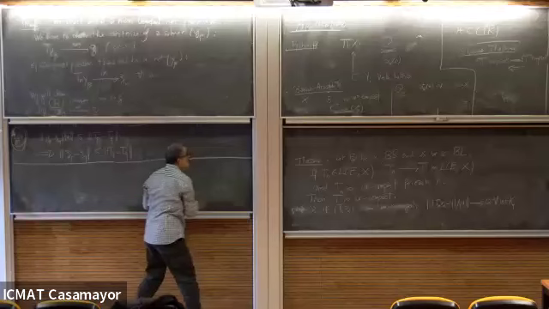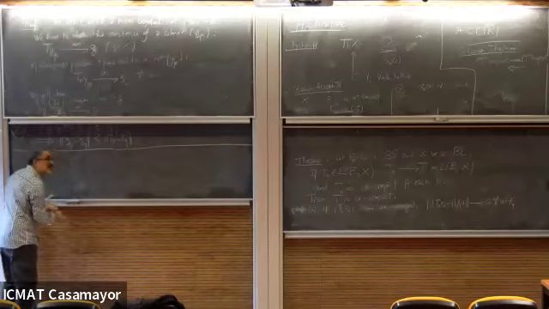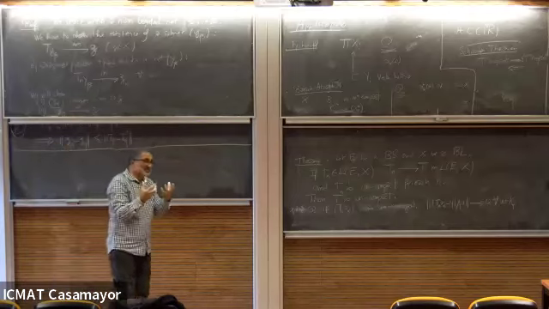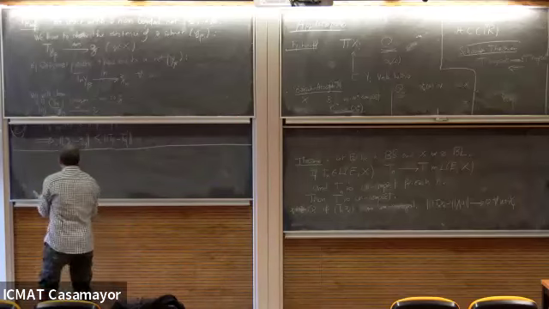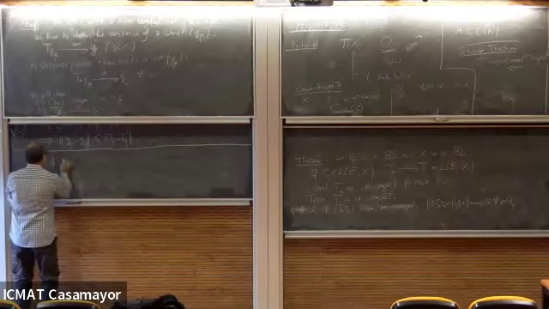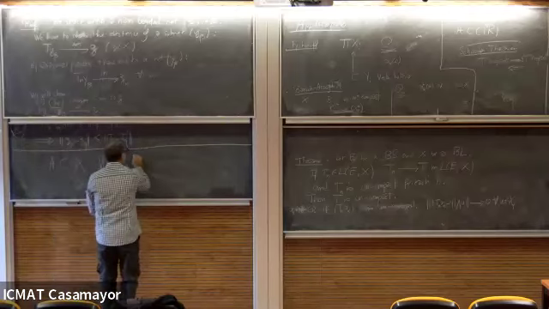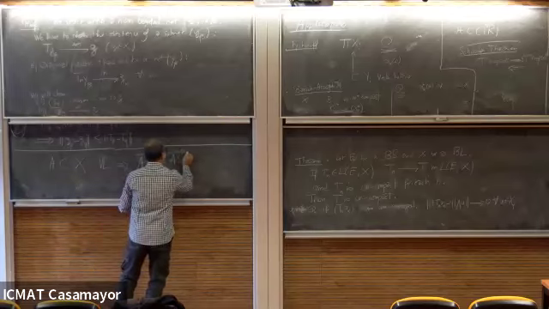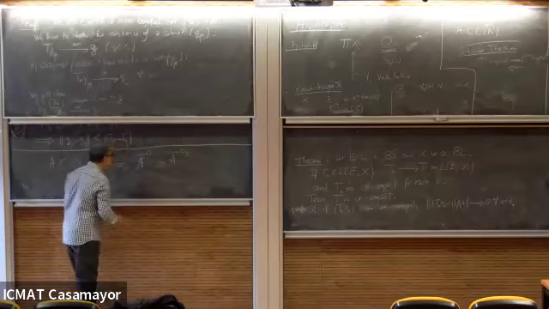Before, I mentioned something related to yesterday, where I gave a connection between the two types of order convergence. I mentioned that if we take a set A in X, which is a vector lattice, then if we compute the order closure, we get the same if we work with the two types of order convergence.